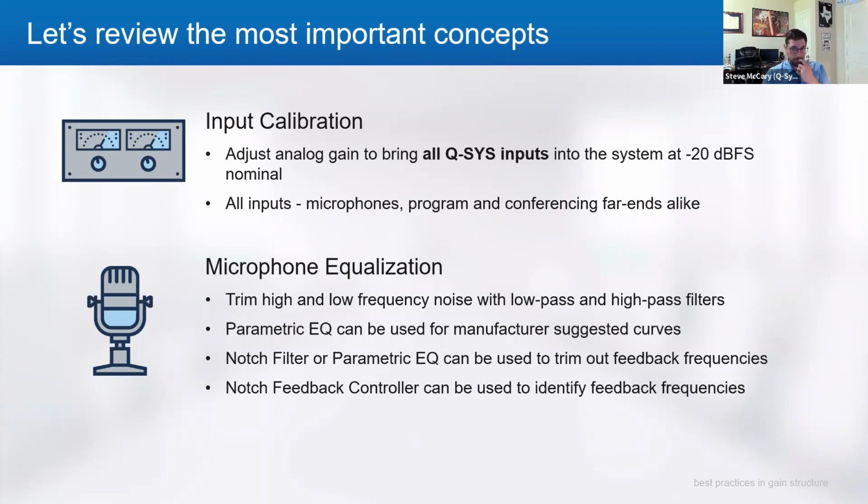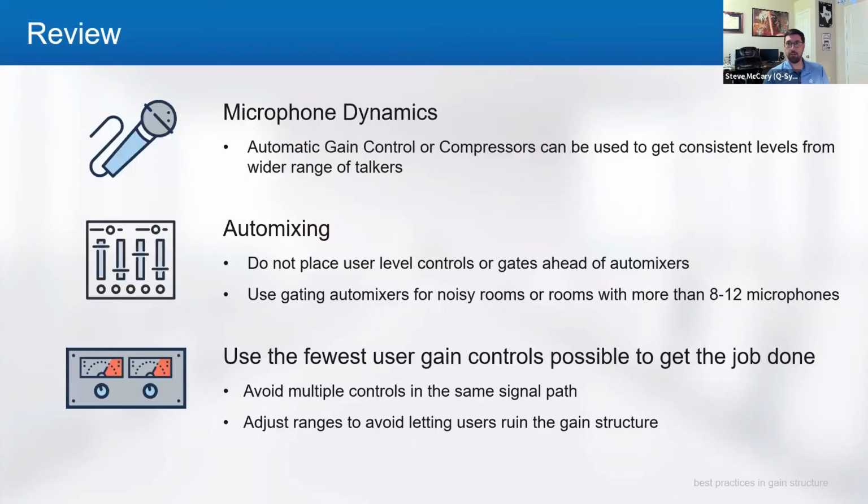Mics, we want to trim our high and our low with some high pass and low pass filters, parametric to flatten it out. A notch filter or our parametric can also be used to trim out some feedback frequencies. And once you're done with your notch feedback filters, don't forget to take those out so you're not chewing up unnecessary DSP.